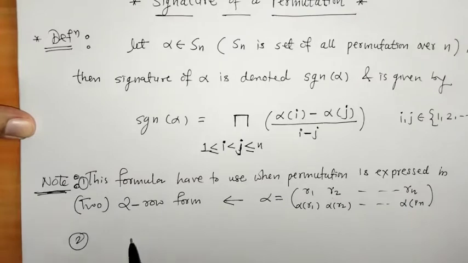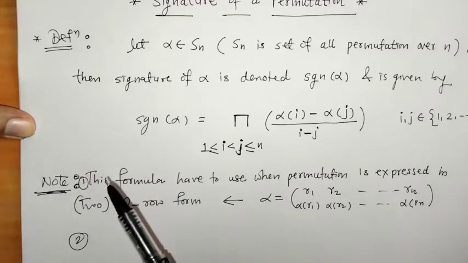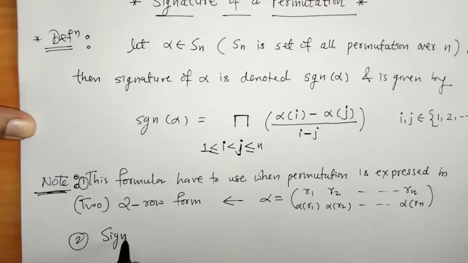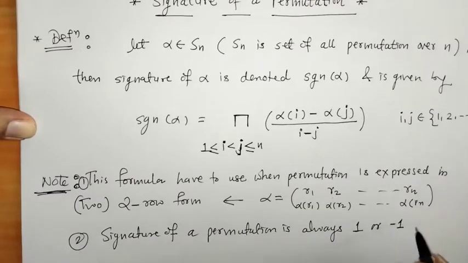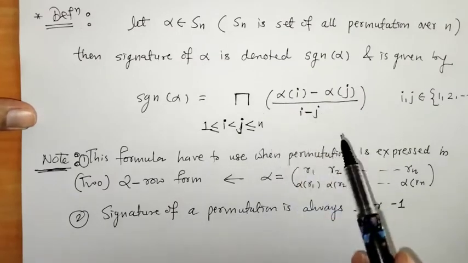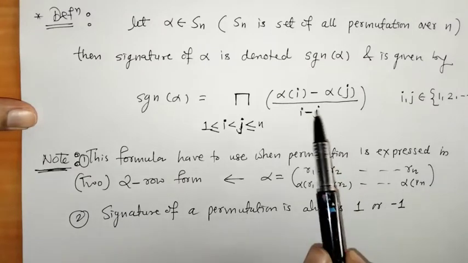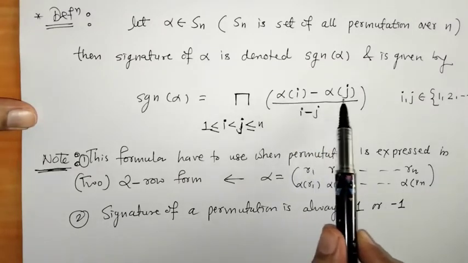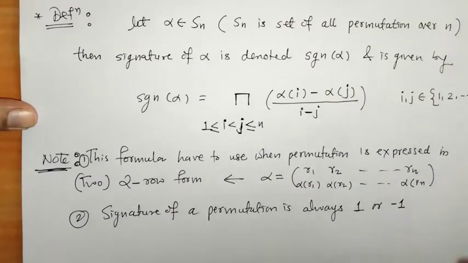And next here we have to remember that signature of any permutation is always 1 or minus 1. When we find signature by using this formula, we will always get 1 or minus 1. This is because i, j and alpha of i, alpha of j belong to this set 1 to n, right?